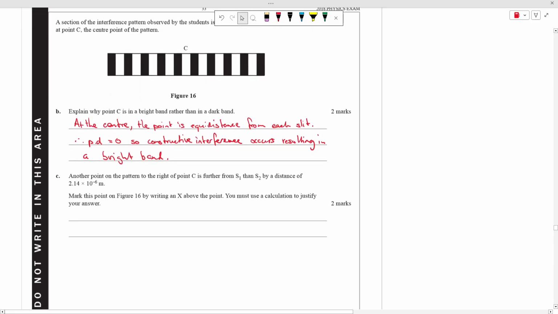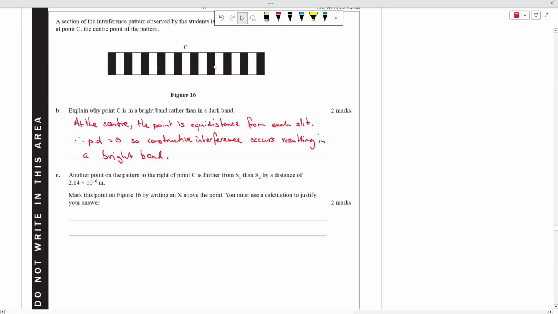It says that that point, wherever it happens to be, is further from S1 than S2 by this distance. That is a roundabout way of saying the path difference to that particular point is this number.